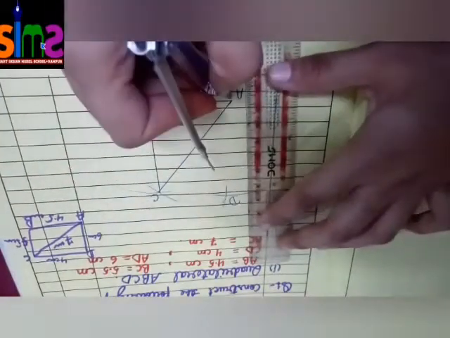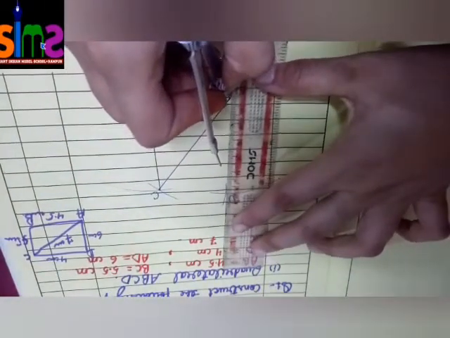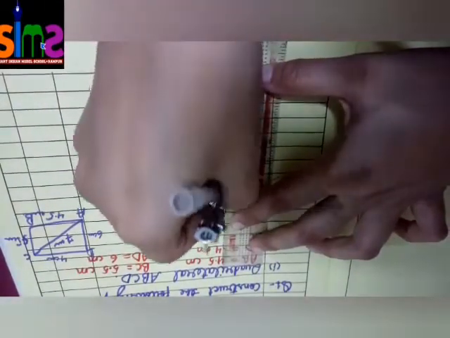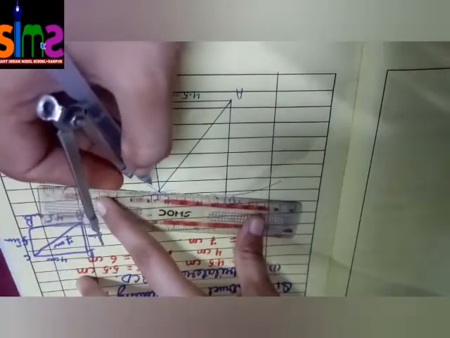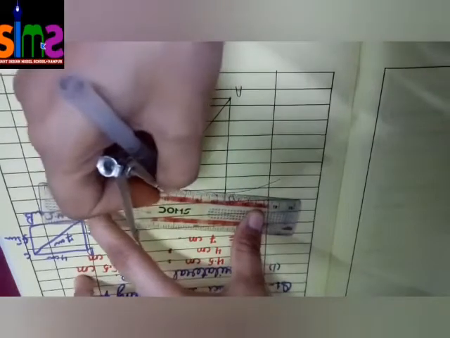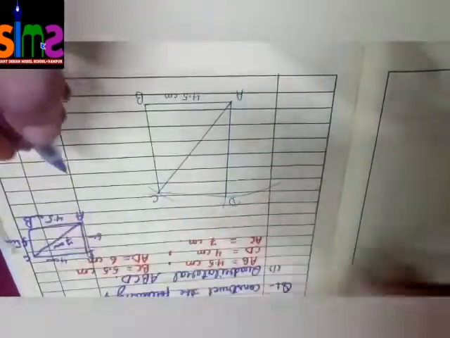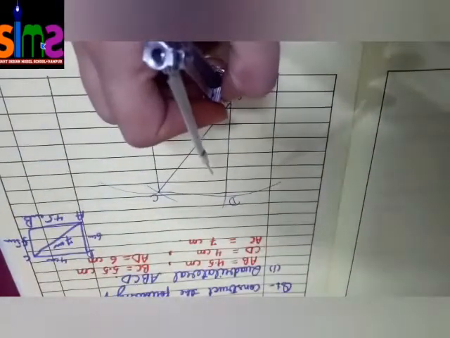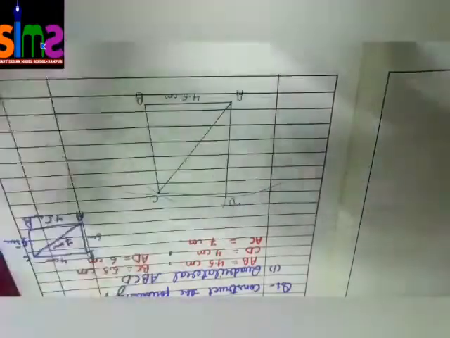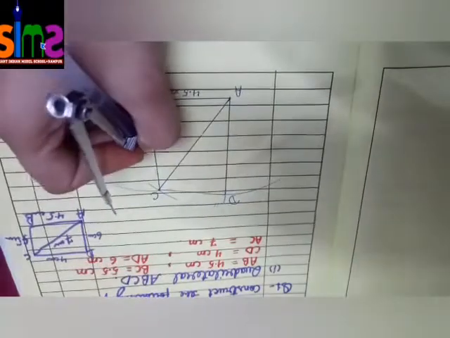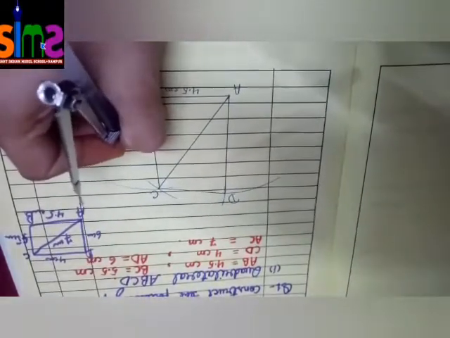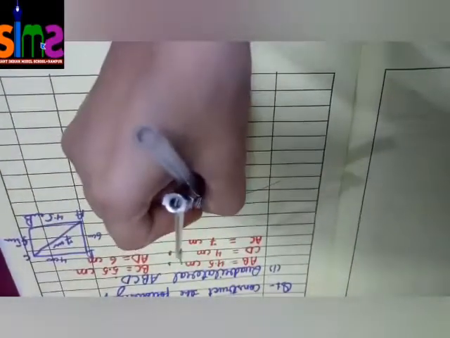We will join A to D and D to C also. Bachcho, this is our quadrilateral ABCD. AB is 4.5 cm, BC is 5.5 cm, CD is 4 cm.